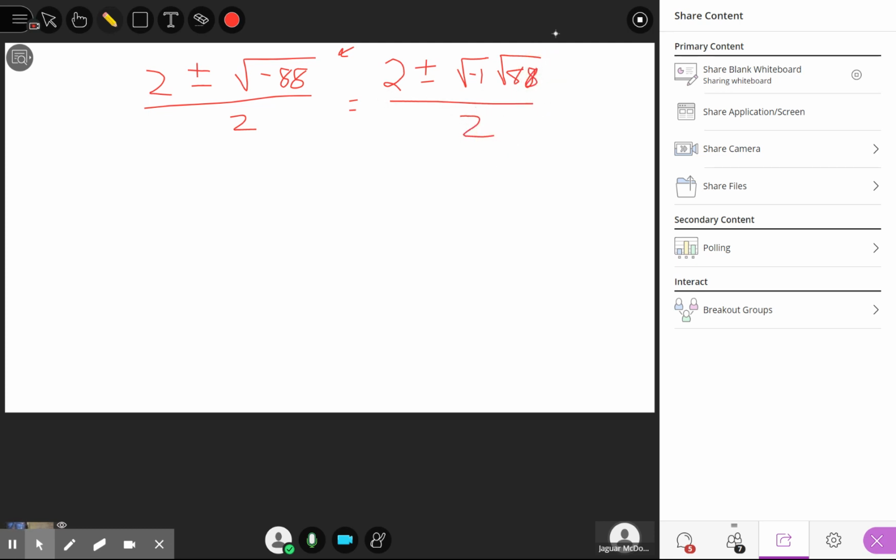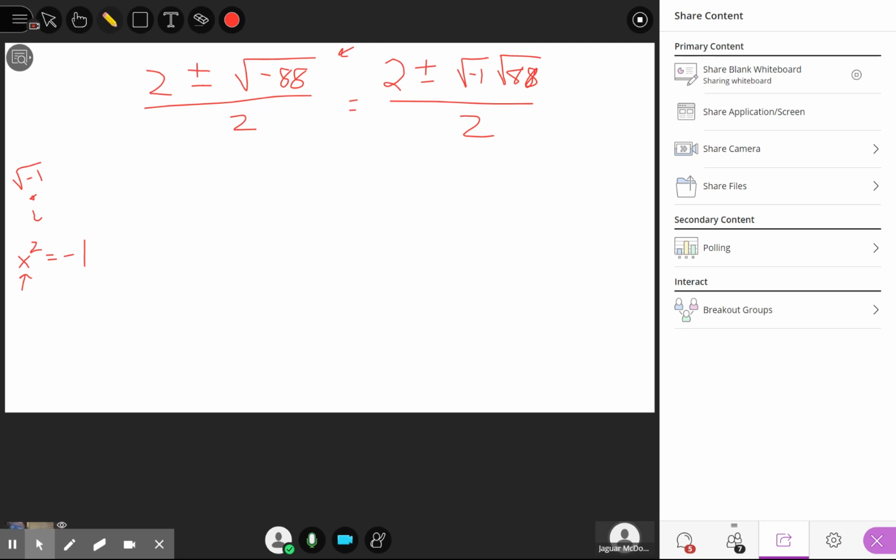And the square root of negative 1, we are going to replace with i. If you think, why do we need an imaginary number? Well, we need something times itself that will get us to a negative.